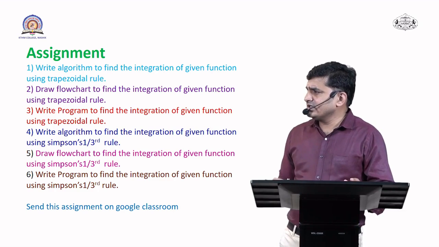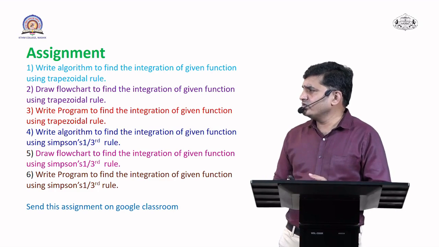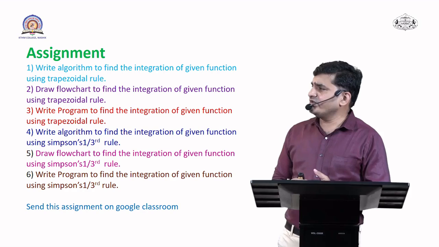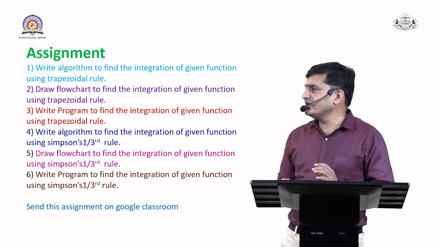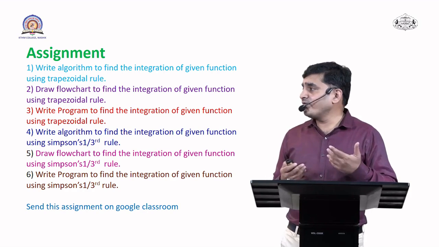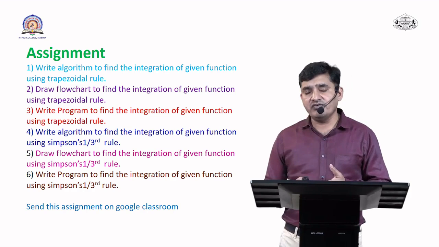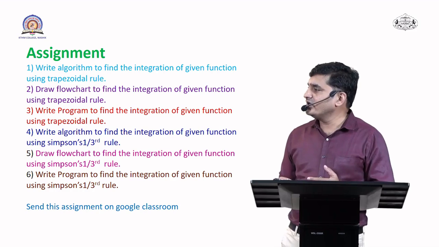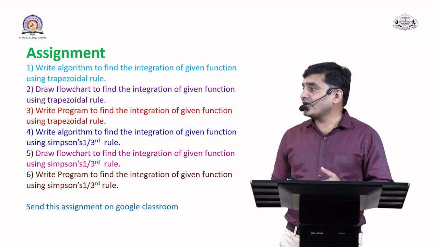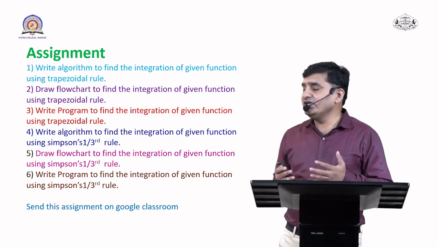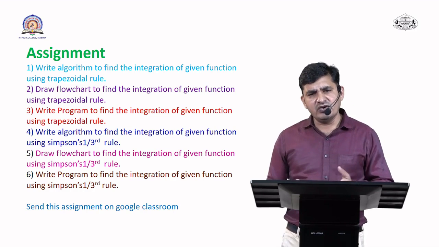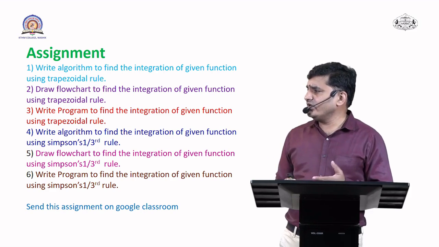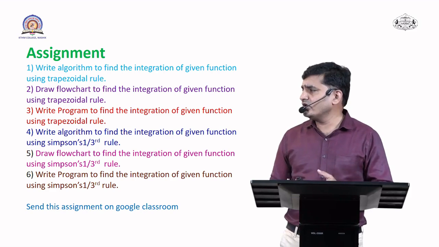Now you have some assignment. First, write an algorithm to find the integration of a given function by using the trapezoidal rule. Second question, draw a flowchart to find the integration of a given function using the trapezoidal rule. Third question, write a program to find the integration of a given function by using the trapezoidal rule. Then write an algorithm to find the integration of a given function by using Simpson one-third rule.